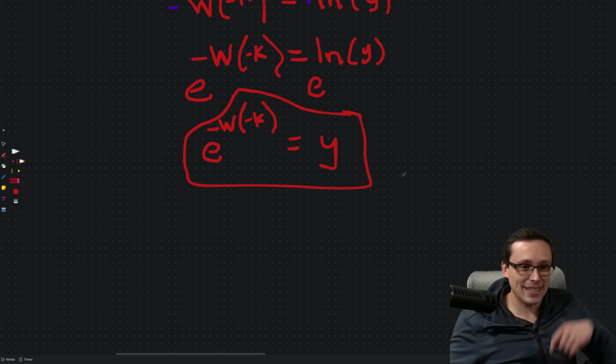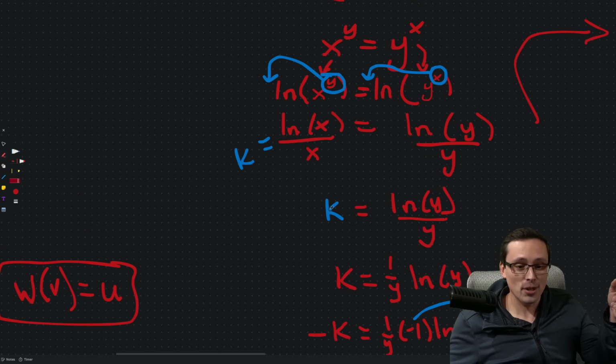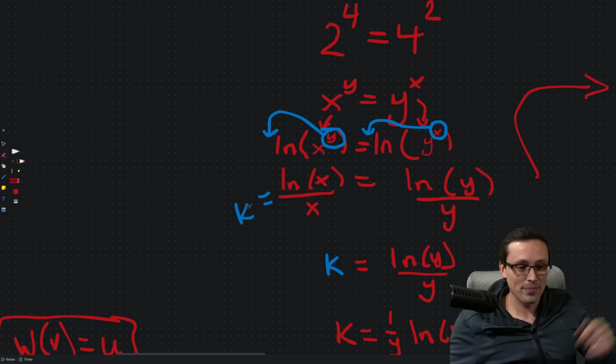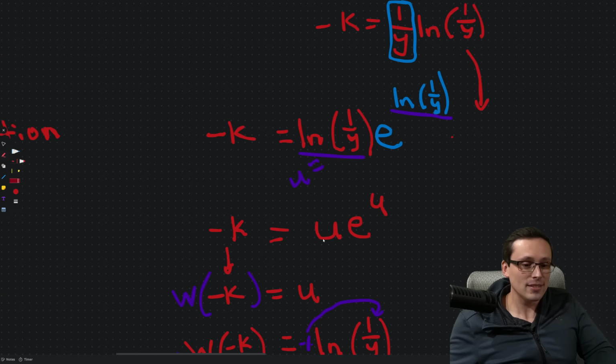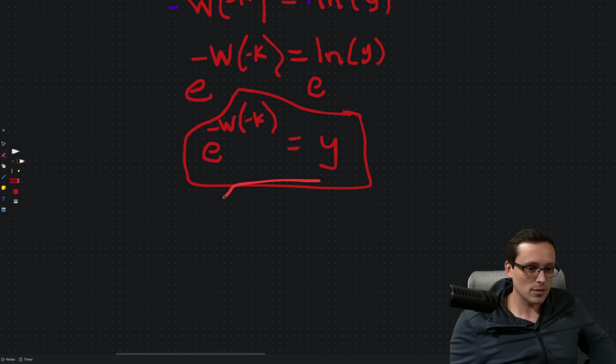But I still don't like that we started out with y's and x's, but right now I have k's. So let's now at this point remember that k was actually just representing the natural log of x divided by x. So we can now take that and remember that, right? k is just the natural log of x over x. Also, I prefer to write things as y equals, so I'm just going to kind of switch sides here.